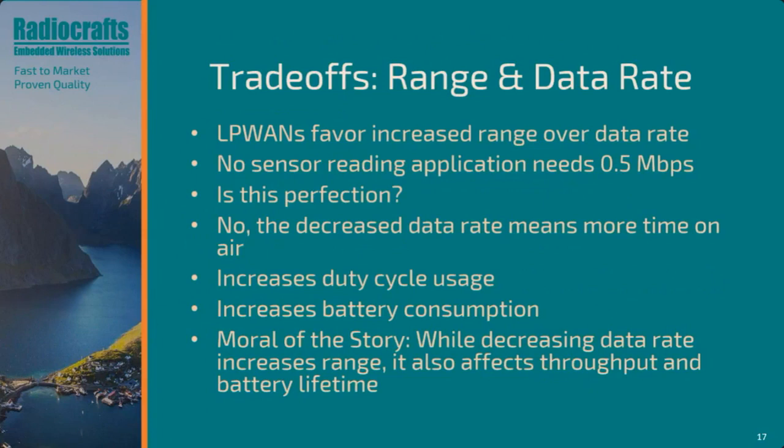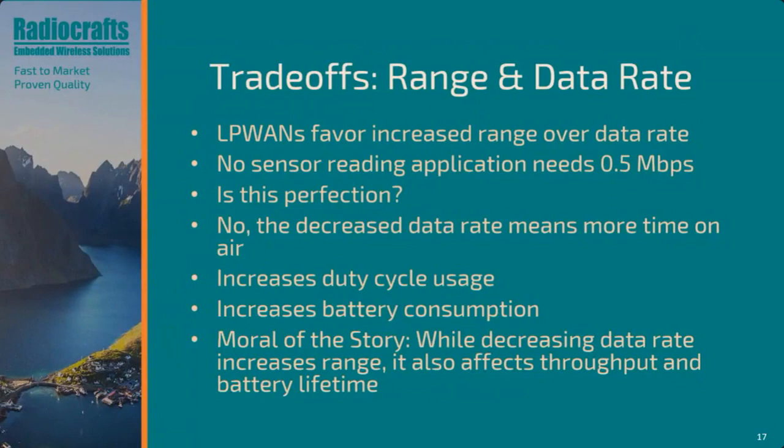Another couple of trade-offs, which is actually very interesting, is the range and the data rate. Since LPWANs favor increased range, they do this because no sensor reading application would actually need 0.5 megabits per second or anything bigger than that.